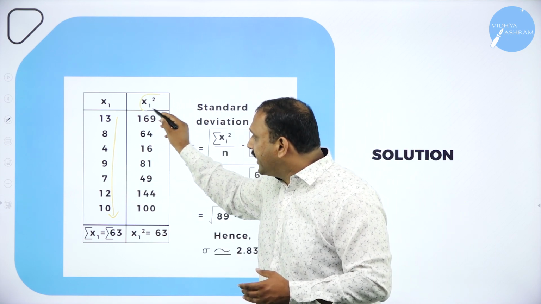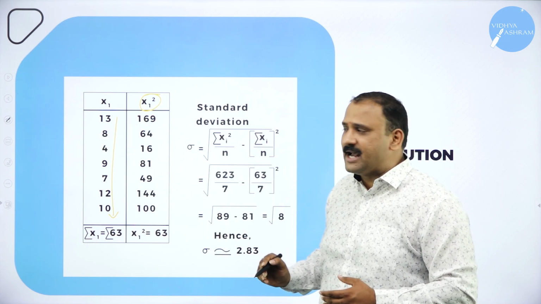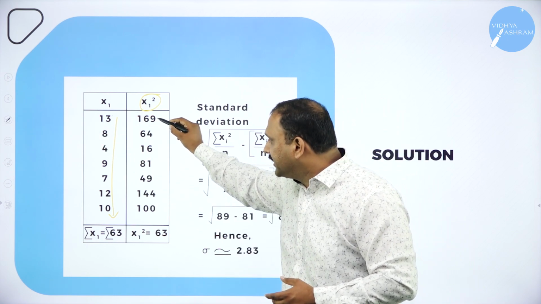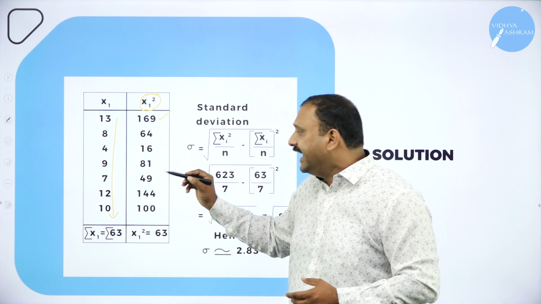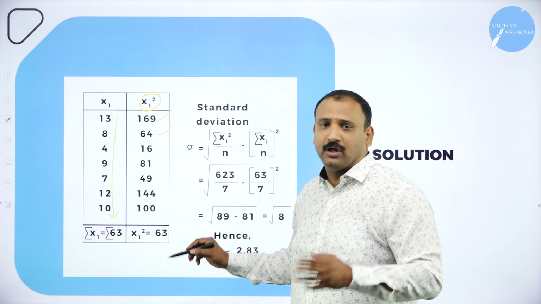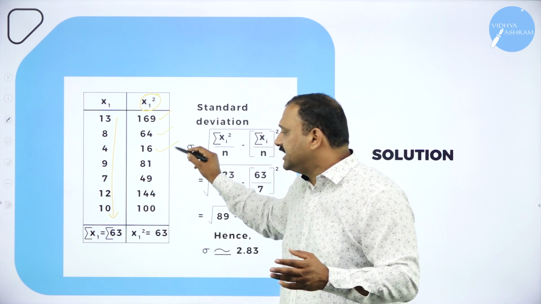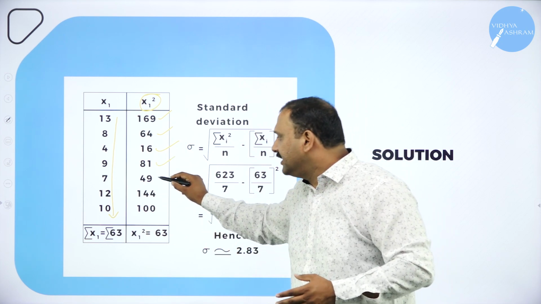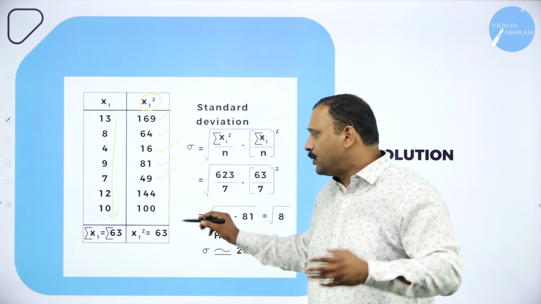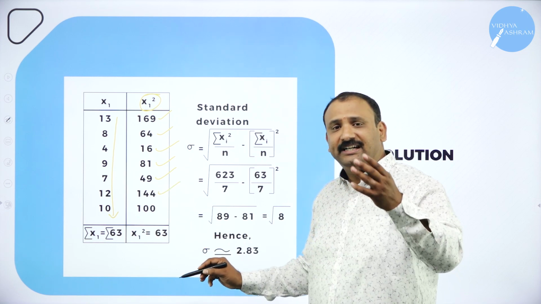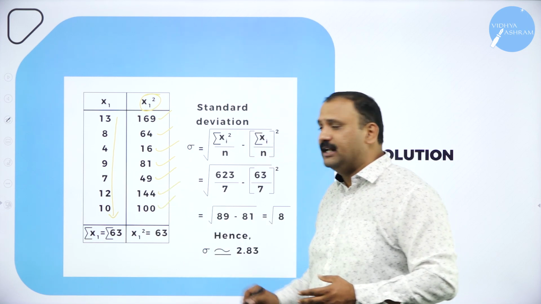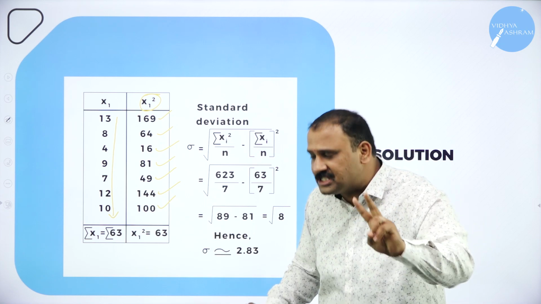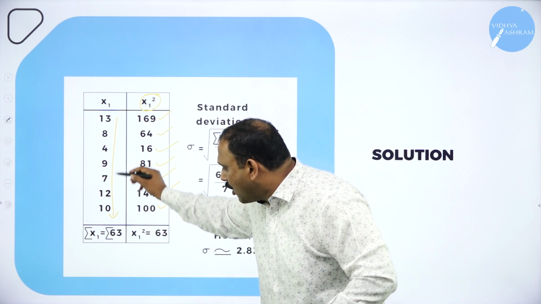Immediately do the square of the values that are being given. So 13 squared, 169. 8 squared, 64, 4 squared, 16, 9 squared, 81, 7 squared, 49, 12 squared, 144, 10 squared, 100.